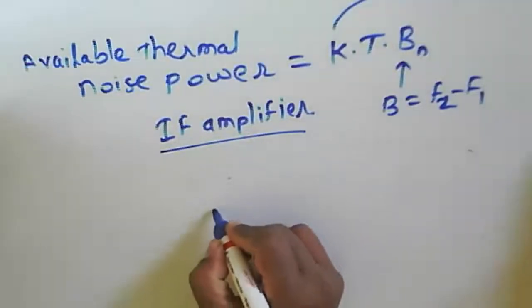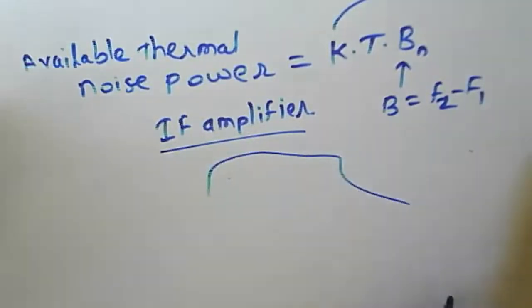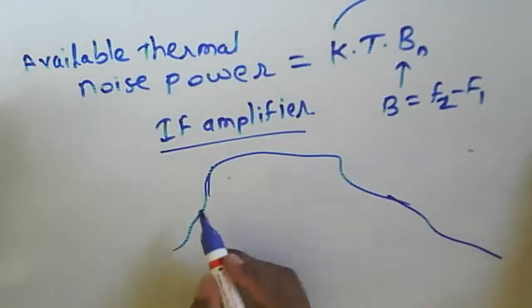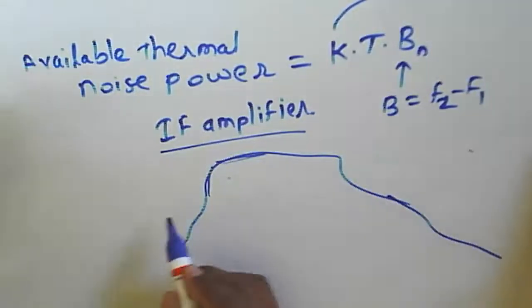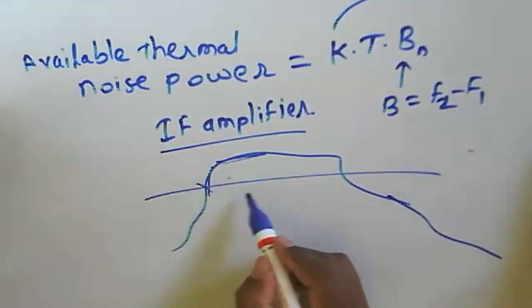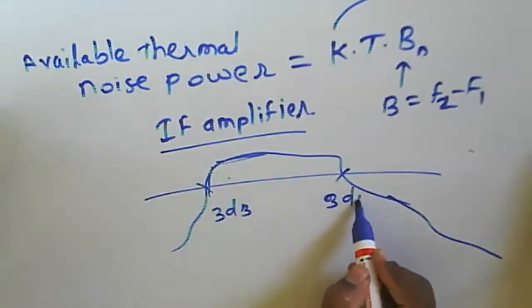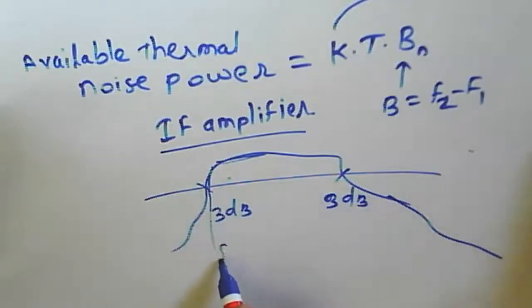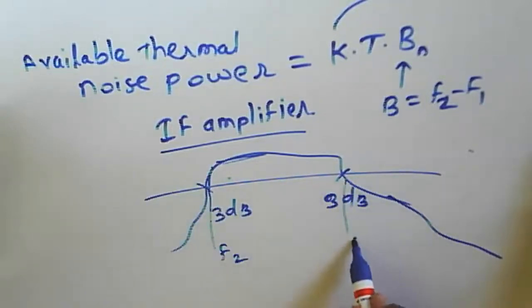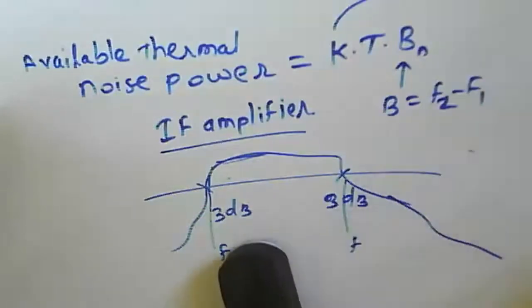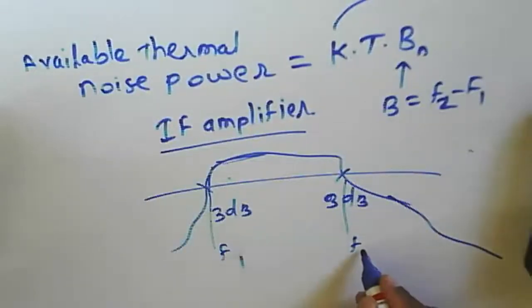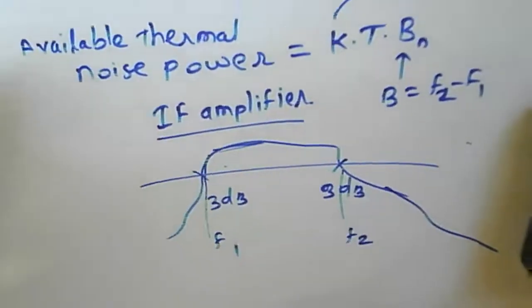But in the case of an IF amplifier, we are getting some particular response, and we have to consider that response. What will be the maximum value for the given response, and the minimum or 3 dB point, or we can say the half power point? At that point, what will be F2 and F1?